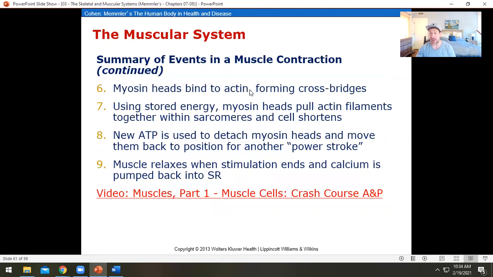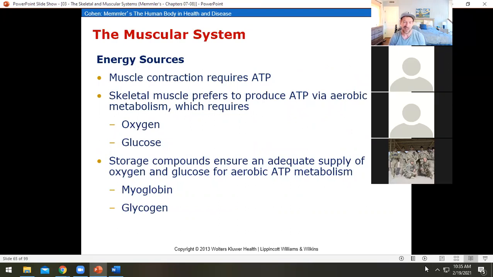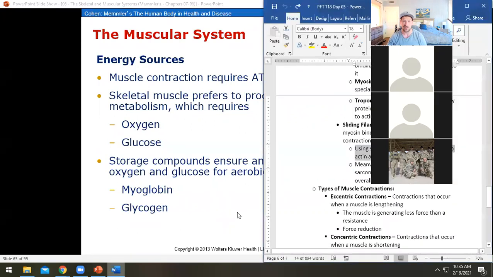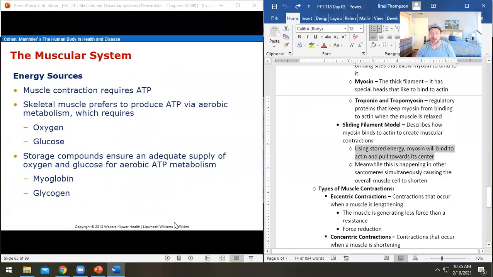Myosin grabs the actin and uses all of its stored energy to pull it this way, and this way, and then the muscle shortens, and then new ATP is attached, which allows it to relax and drives all the calcium out of the area, and it's pumped back in to get ready for the next contraction. Pretty complicated stuff, right? But that is how every single muscular contraction that you've ever done actually happens.